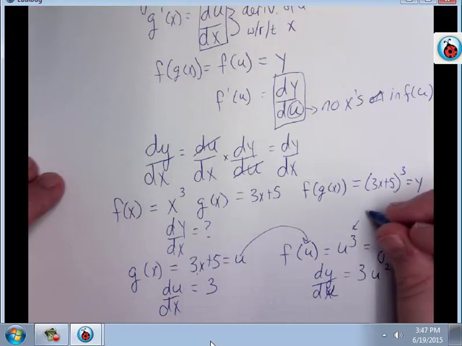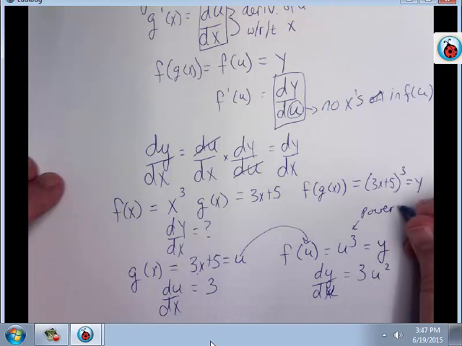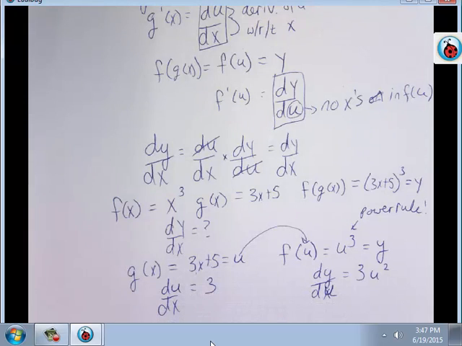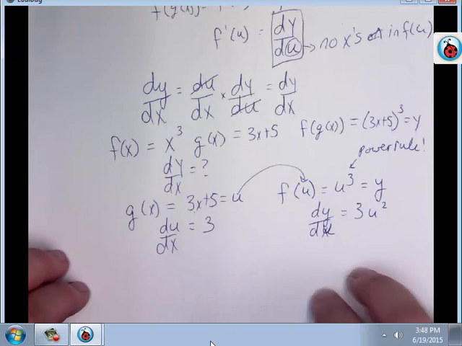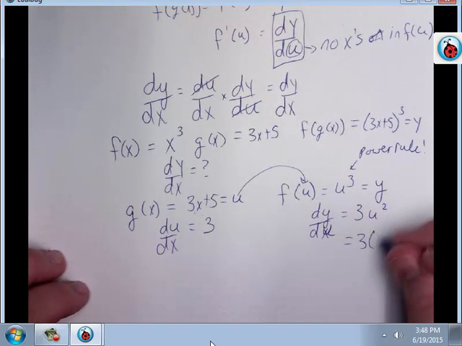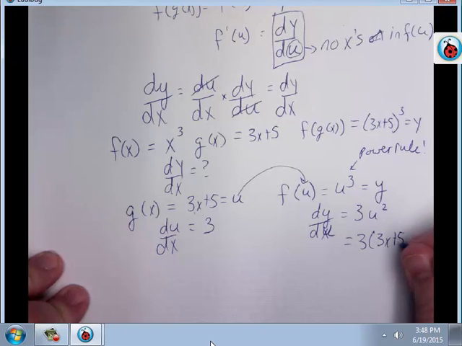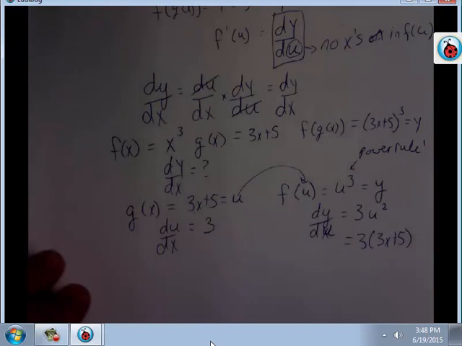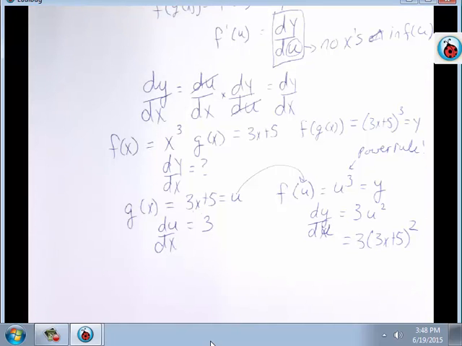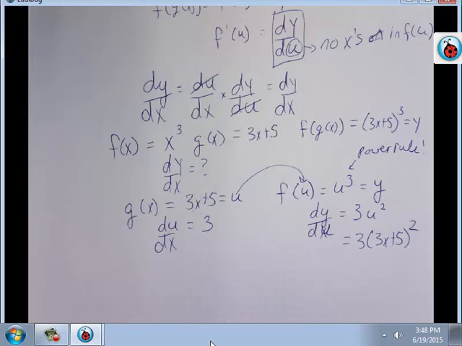Or this is power rule. And we know what u is, so it's 3 times (3x plus 5) to the second power.